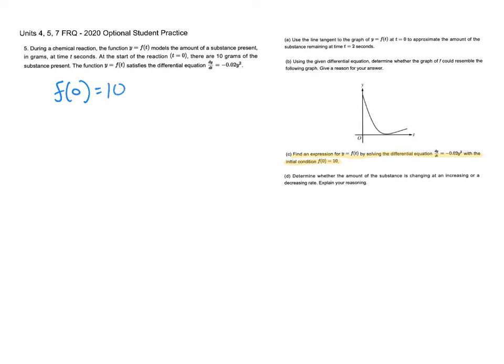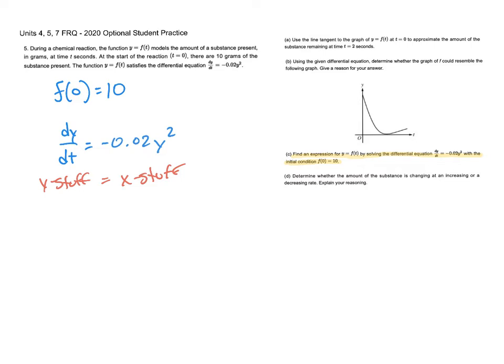Picking up right where I left off on the last slide, let's start with that differential equation, dy over dt equals negative 0.02y squared. Remember, the technique for separable differential equations is to get all the y stuff over here and all the x stuff over here, and then we're going to do the antiderivative on both sides.